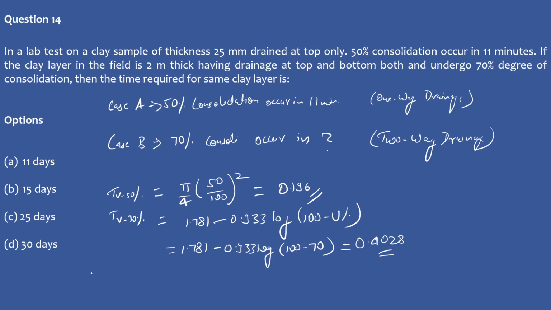So now they are asking us for the time required for the clay layer. So we know it's Tv equals Cv t by H square.